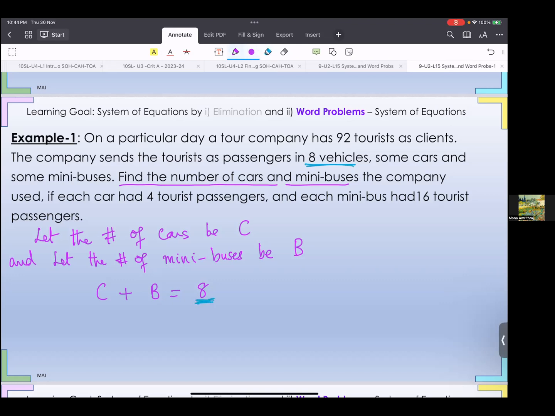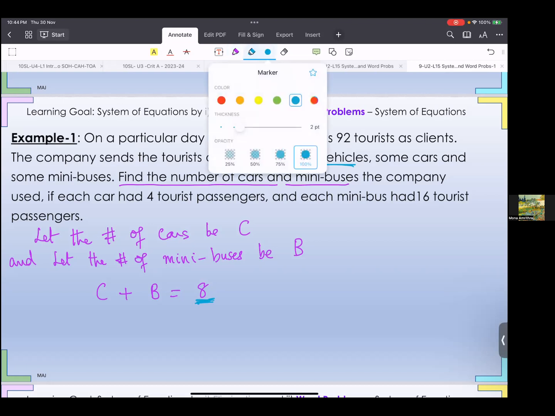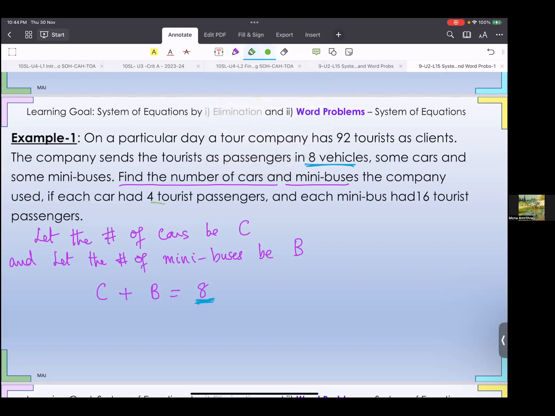And then now there are 92 tourists who are packed into these cars and minibuses. And each car has 4 tourist passengers. So now we have 4 tourist passengers in each car, right? So we're going to have 4 multiplied by the number of cars, plus we also have 16 passengers in the minibus.